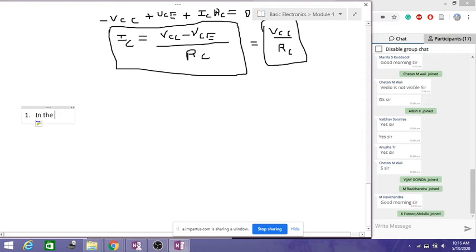So in the circuit below, first one is: what is VCE when Vin is equal to 0 volts.